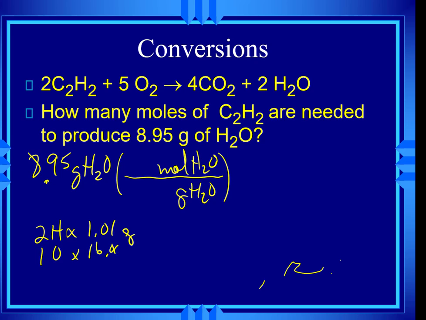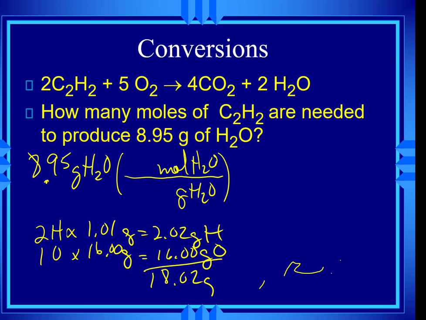O is 16.00 grams. So that's 2.02 grams of hydrogen and 16.00 grams of oxygen. When I add that up, it adds up to 18.02 grams for water.